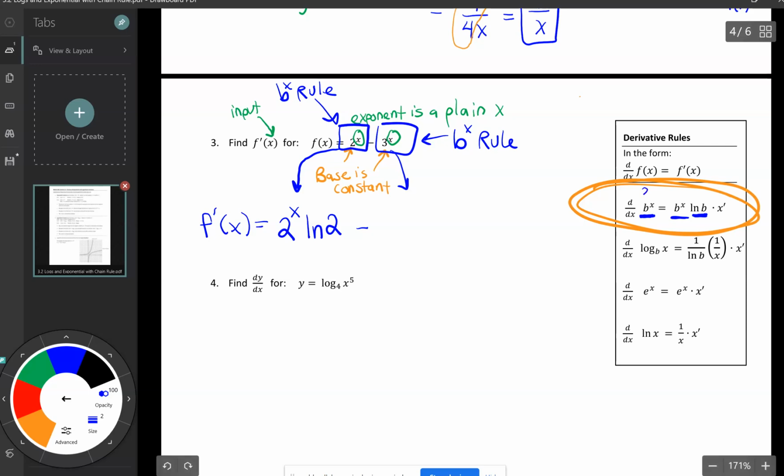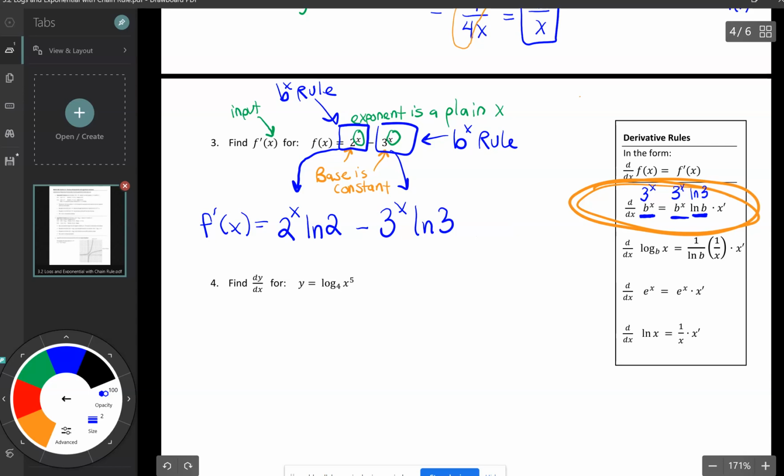If my term is 3 to the x, then the derivative is 3 to the x, and I tack on the natural log of the base, which happens to be a 3. Technically, the chain rule says take the derivative of the exponent, but that's just a 1 because it's a plain x, so we don't need it.